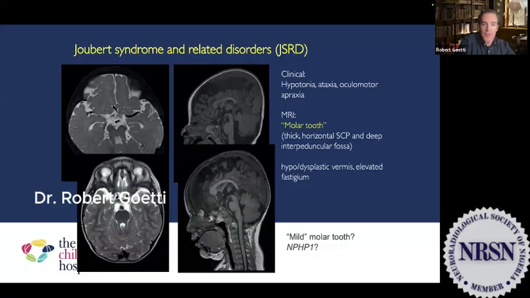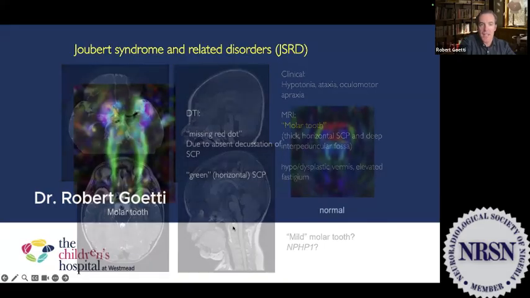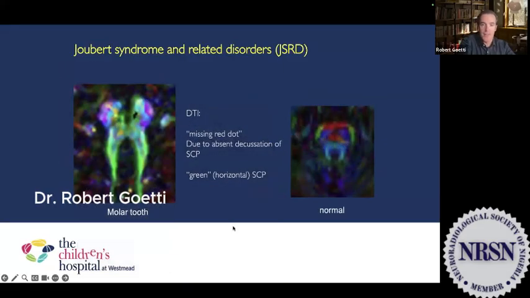Now, sometimes we can have a finding that is not a classic molar tooth. So you probably wouldn't necessarily call this a molar tooth, but you can see on the sagittal, the vermis does have this appearance that we typically see in Joubert syndrome. And in those cases, diffusion tensor imaging can be helpful. In a normal diffusion tensor imaging at the level of the superior cerebellar peduncles, you should see this red dot.